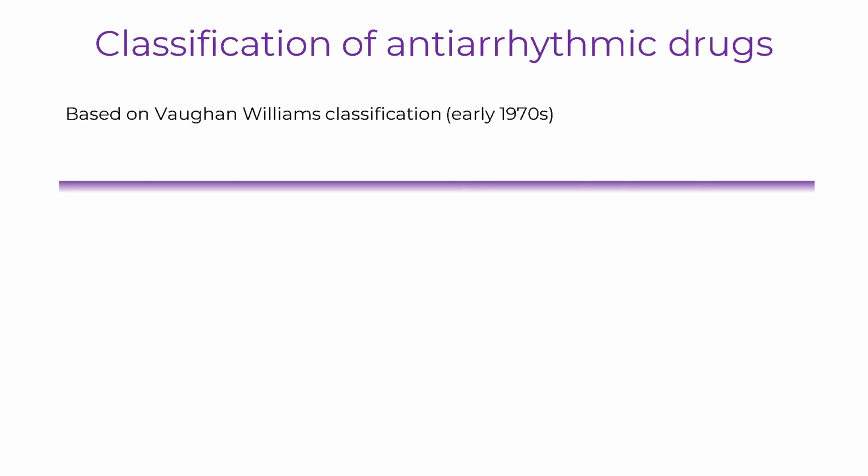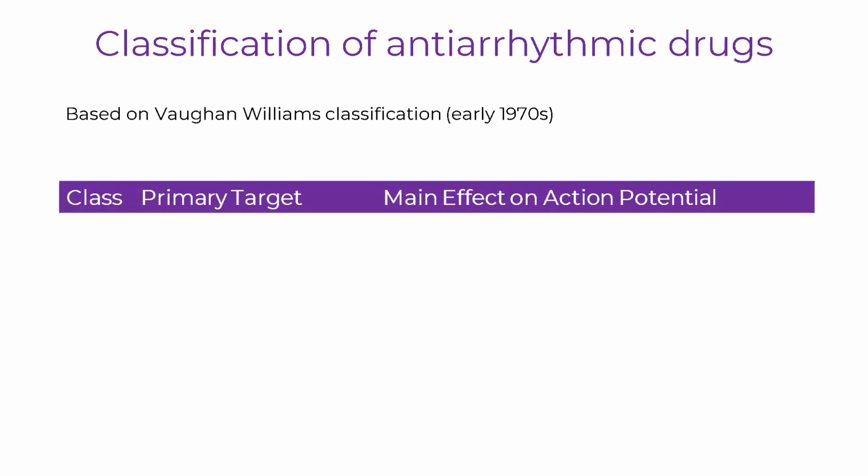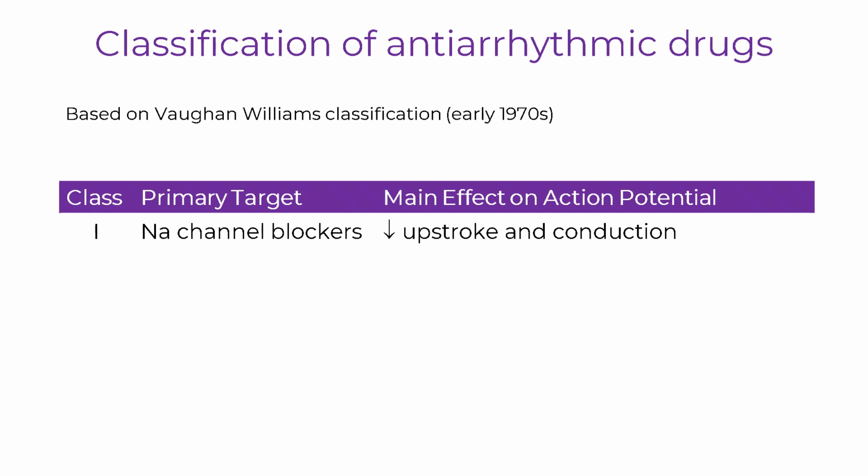Most antiarrhythmic drugs are organised using the Vaughan Williams classification, introduced in the early 1970s. This system groups drugs according to their primary effect on the cardiac action potential. Class 1 drugs block sodium channels, slowing the rapid upstroke of the action potential and slowing conduction.